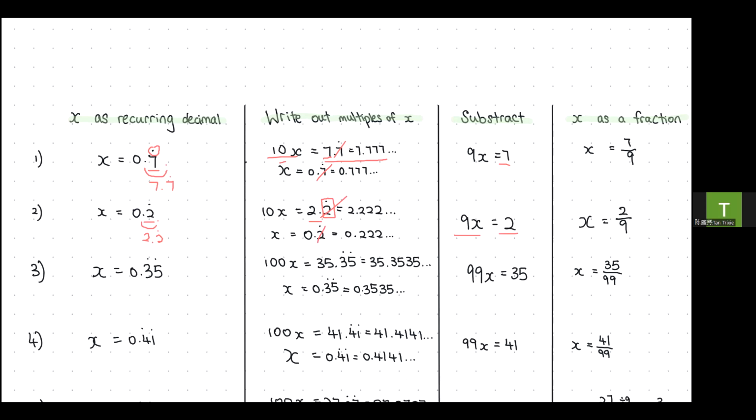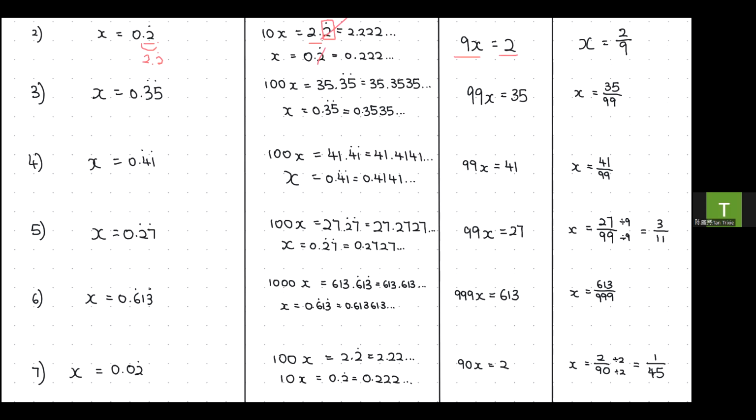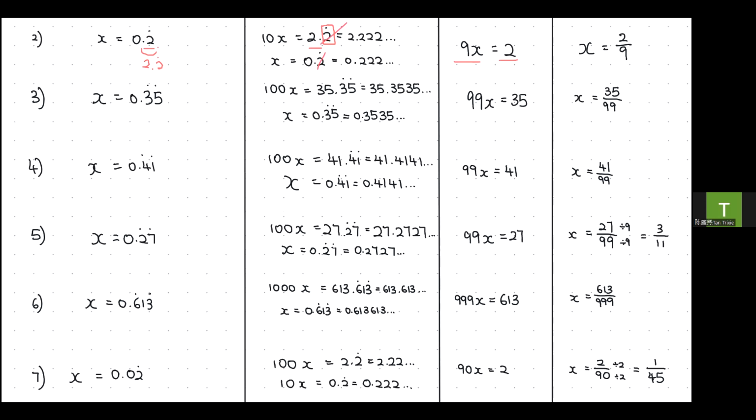Now going to question 3. x equals 0.35 recurring decimal. It has 2 dots here, meaning that both digits are recurring, repeating. And also here we have 2 decimal places, so we times 100.